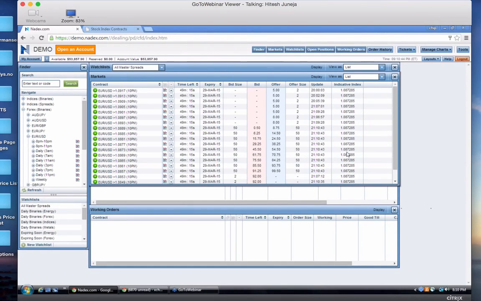So the payout is predetermined to be $100 in the end. Okay, so what you're seeing over here, that's jumping on the screen, all the prices that you're seeing, you can actually enter a contract, which is basically as if you were entering a trade. Okay, you can enter a trade and say, I think that this will be worth more than 1.0881, in which scenario you would be paying $16.25.